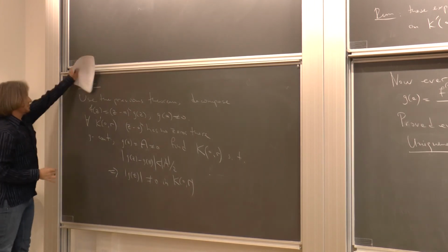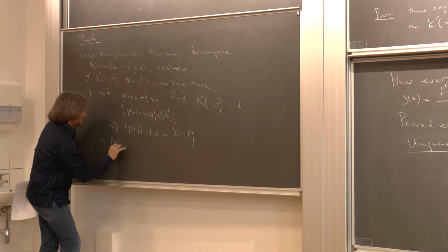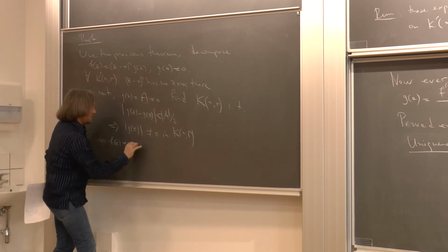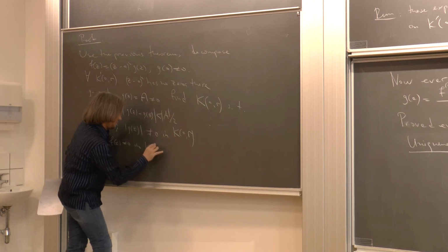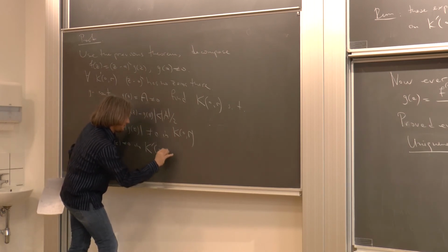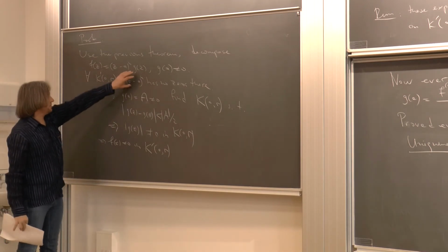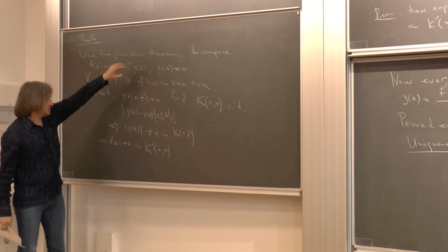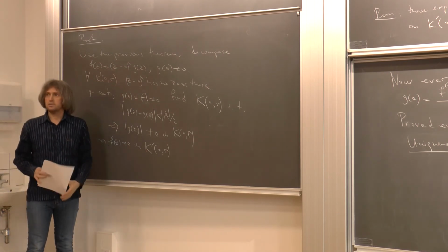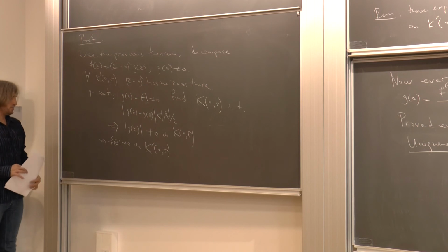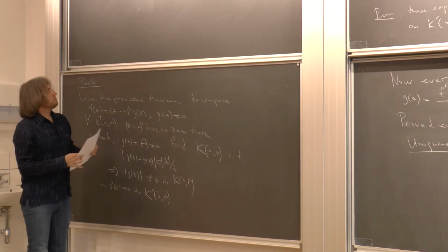So then the product is never 0 in the intersection, which is K prime a r, because the first factor is not 0 just outside of a, and the second factor is not 0 inside this disk. So then the product is not 0. Good. So we proved the theorem.